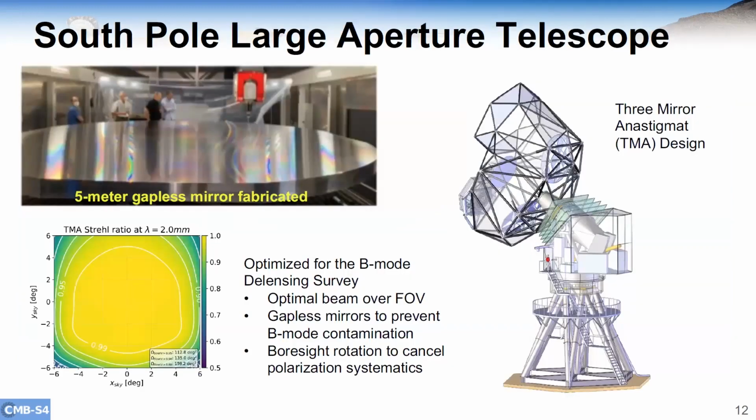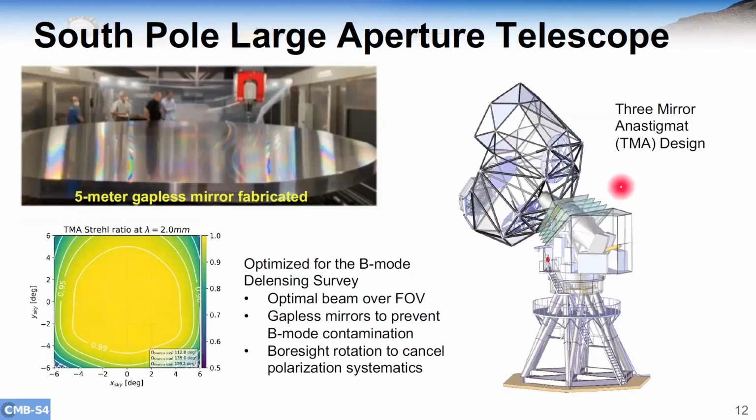So there's been a lot of advances in improving and reducing systematics, things like gapless mirrors, so you don't worry quite as much about some of the scattering that goes on. Getting optimization of the beams over the full field of view, and doing boresight rotations to cancel some of the systematics.